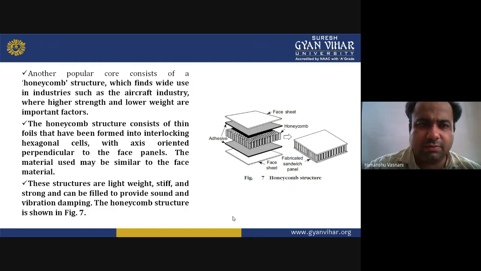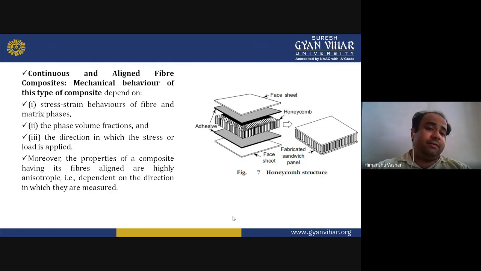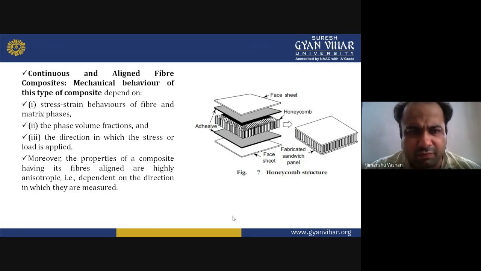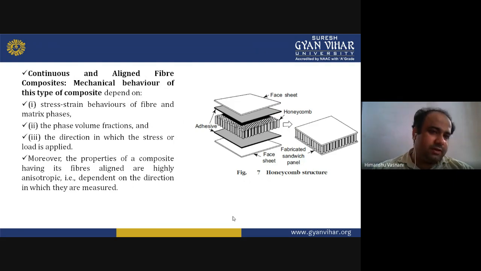Okay, now continuous and aligned fiber composites. The mechanical behavior of this type of composite depends on the stress strain behavior of the fiber and matrix phases, that is the first factor. The second is the phase volume fractions.